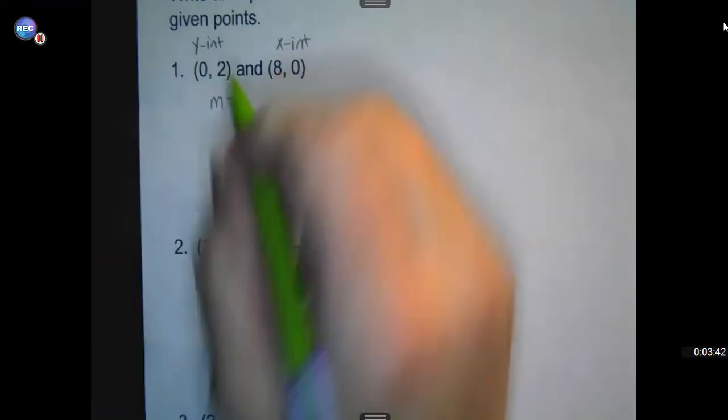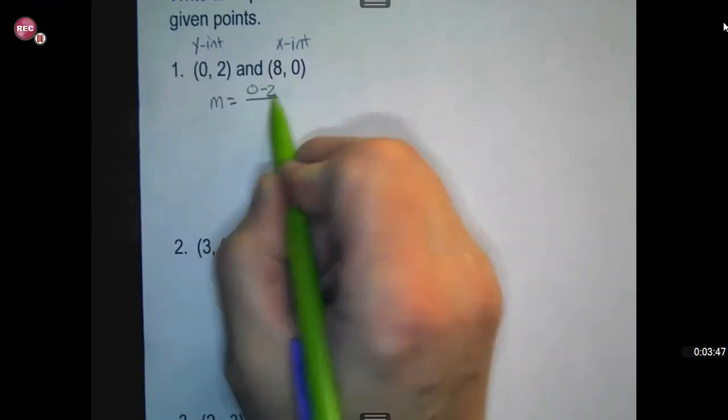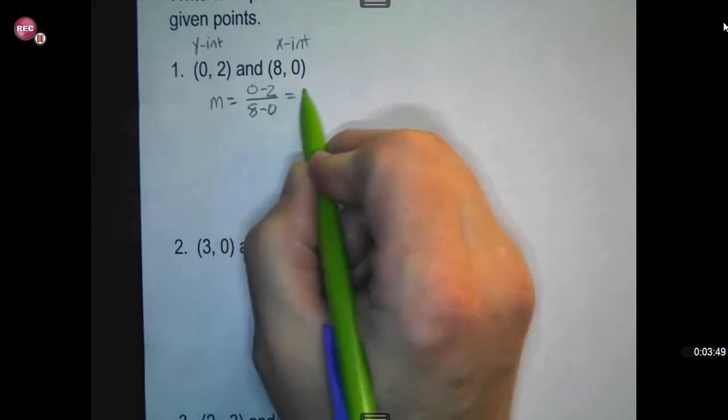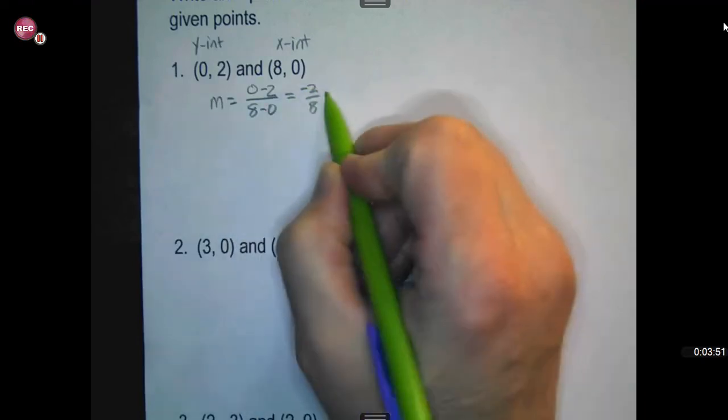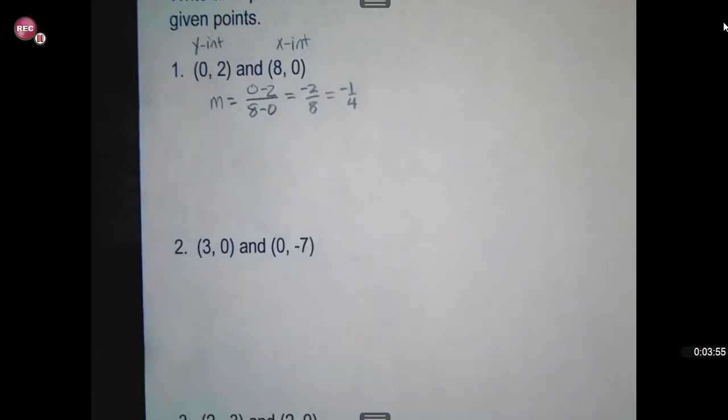So for slope-intercept form, first thing I do is I find the slope. So I take 0 minus 2 over 8 minus 0. I have negative 2 over 8, which is negative 1/4. And I have the y-intercept, so I don't need to solve for the y-intercept.